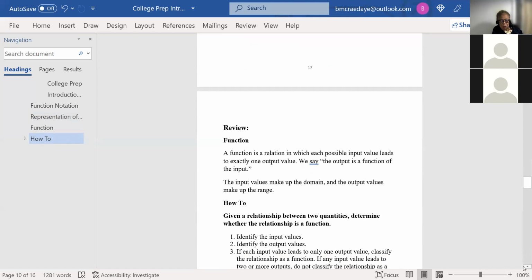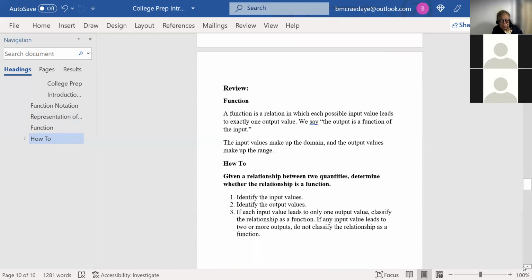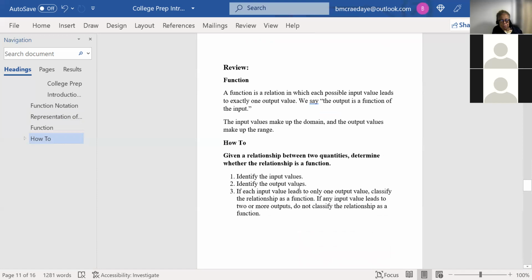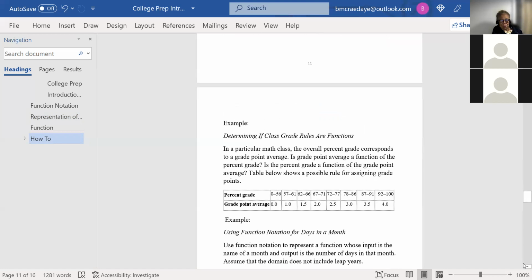Now you want to determine whether a relation is a function. Look at the input, identify the output. Each input with one output is a function. Two or more outputs, it's a relation, but it's not a function. Got it? Okay.